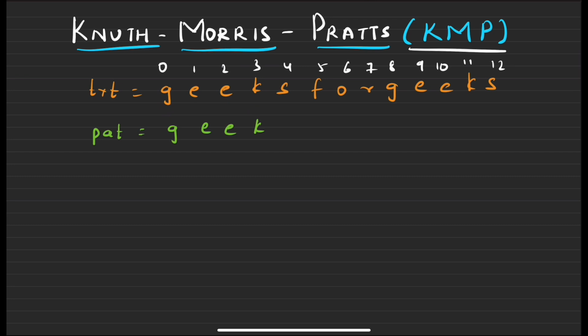Now, if you observe carefully, we were matching this pattern with this much window of text, and it got matched. So this pattern got matched till this segment, starting from here. Now, after we matched, we were moving our window one step ahead. But do you think this makes any sense? No, right?